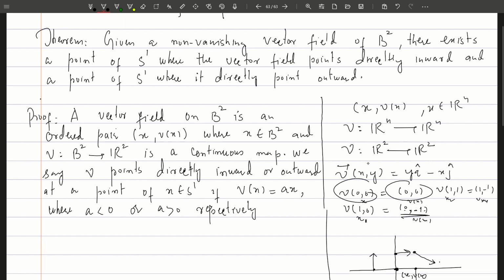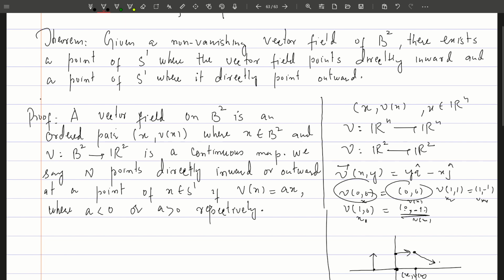So if v of x is a negative scalar times x, we say the vector field points directly inward at x. Otherwise, if a is positive, we say the vector field points directly outward at point x.